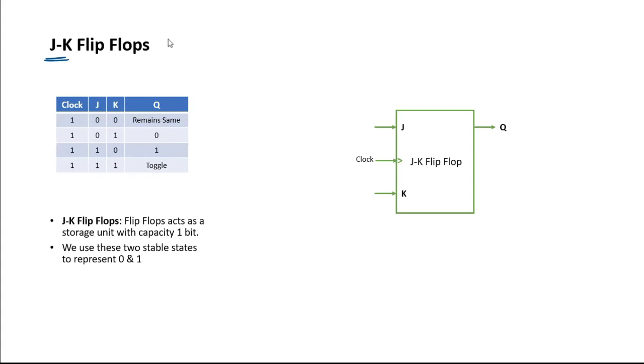But let's have a quick look, because it is better to have some knowledge of how things actually work compared to just mugging up all the functionalities. So let's look at how JK flip-flops are used as binary cells.